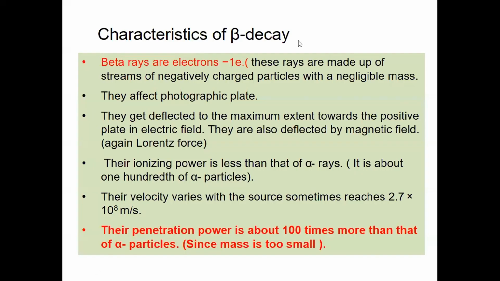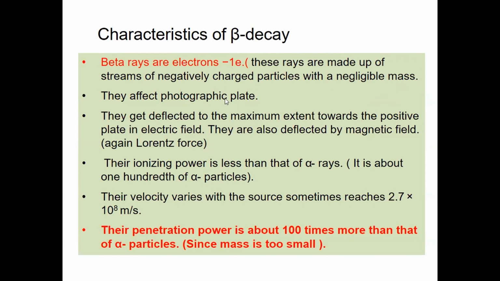First, let us talk about the properties of beta particles and how they are further classified. Beta rays are basically electrons that are either negatively charged or positively charged. These rays are made up of streams of negative charged particles or positively charged particles with a very small mass.